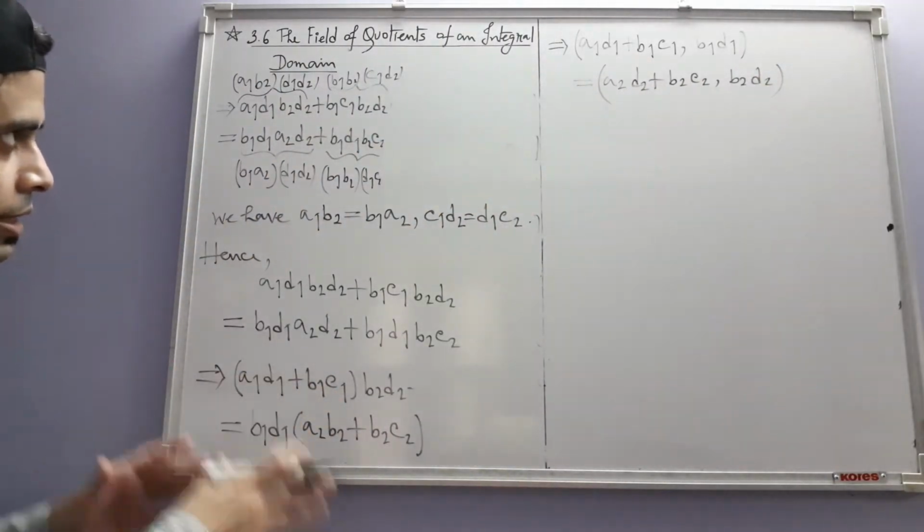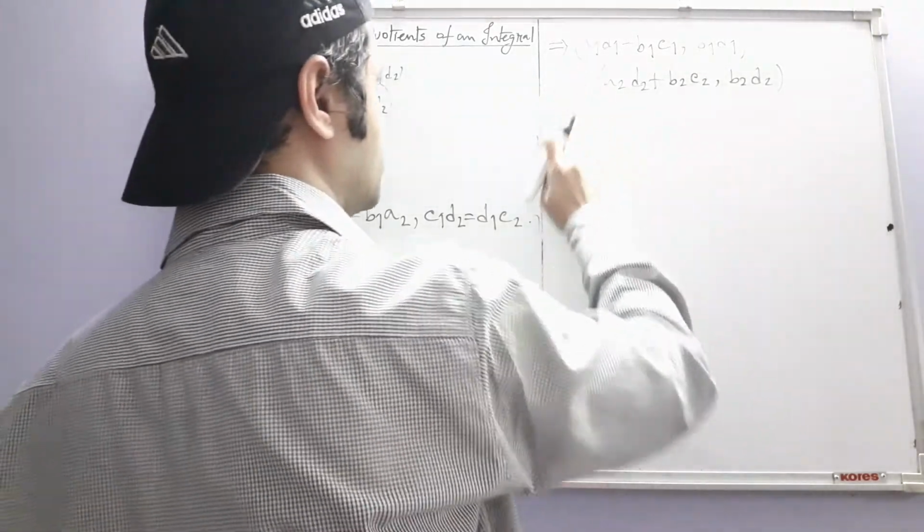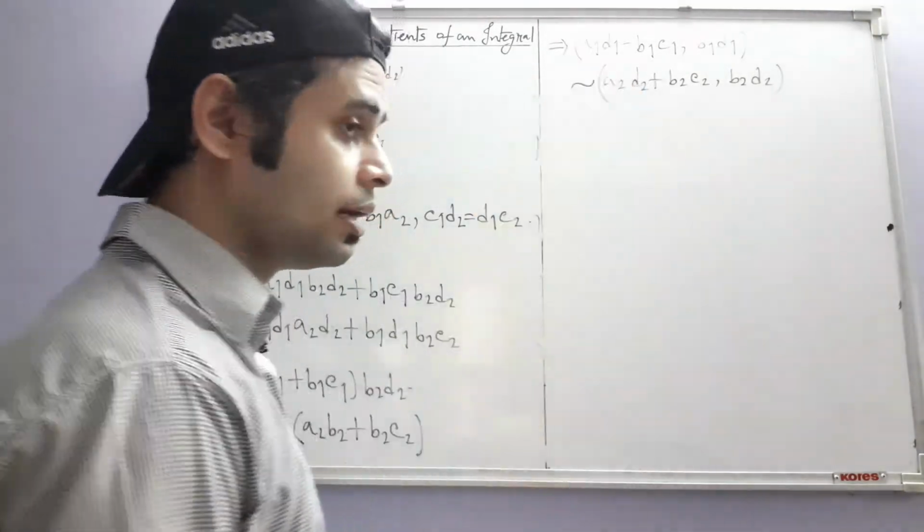This is the condition that tells us that, sorry, these two are not equal, they are related.